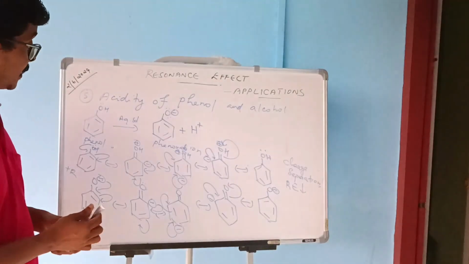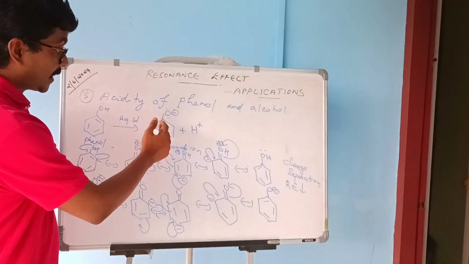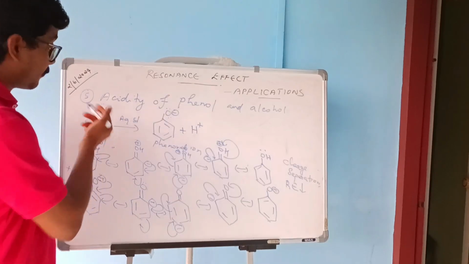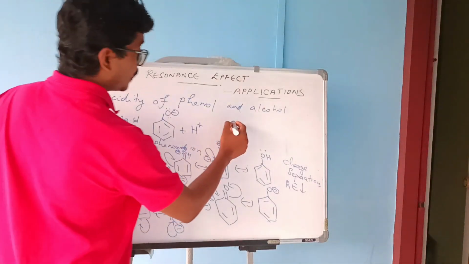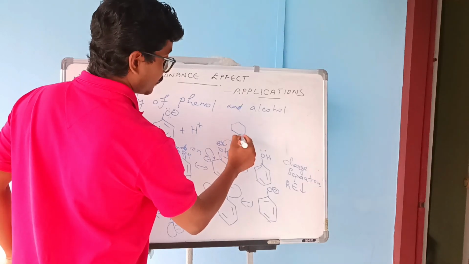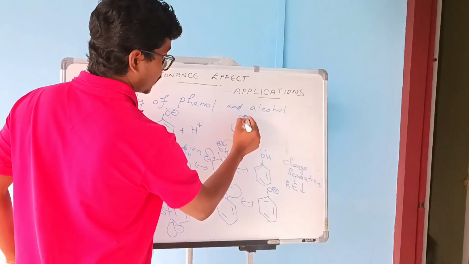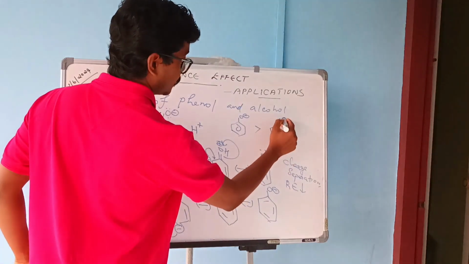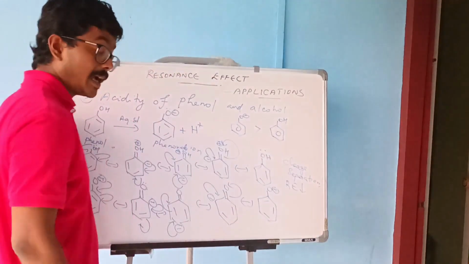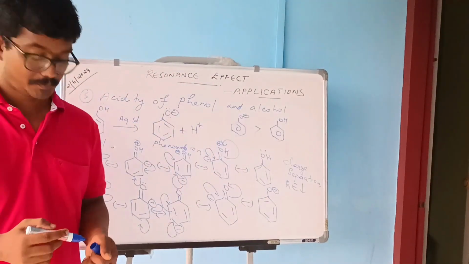So we can say that the phenoxide ion is more stable than phenol, and it is more acidic than phenol. Phenoxide ion is more stable than phenol, and it is also more acidic in nature.